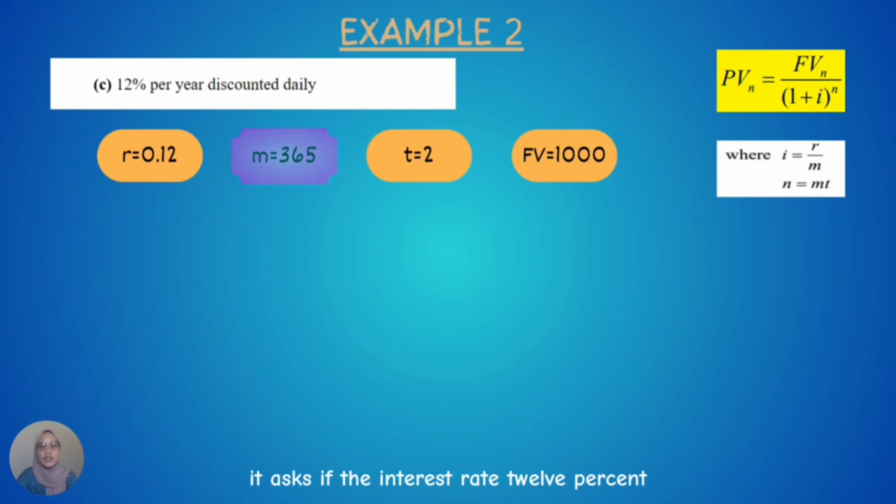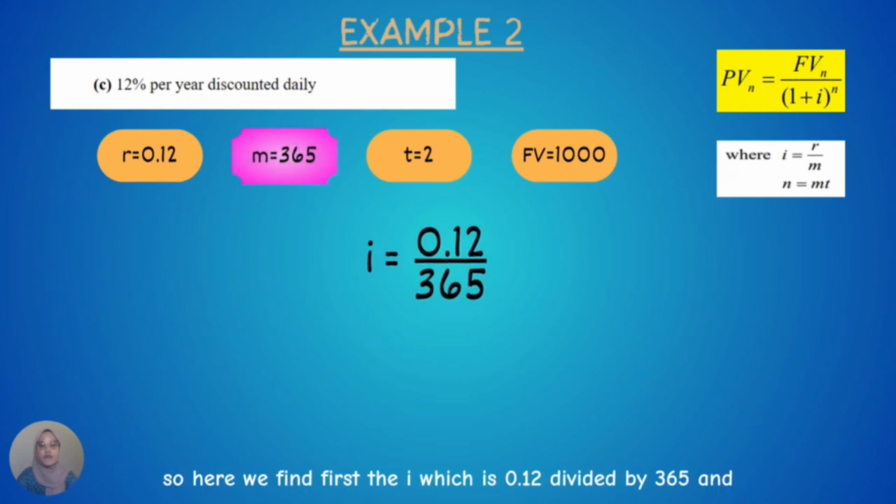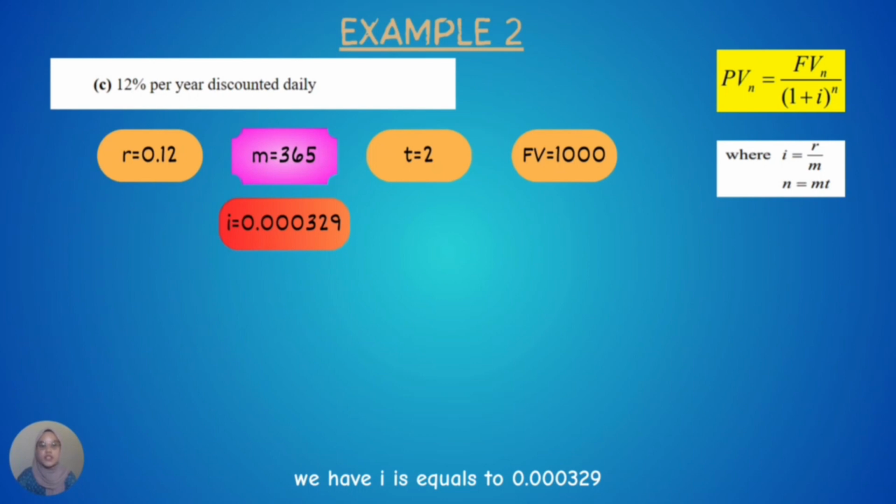For the third or final question, it asks about an interest rate of 12% per year discounted daily. We know that in a year we have 365 days, so we take 365 as our compounding frequency m. We first find i, which is 0.12 divided by 365, so i equals 0.000329.